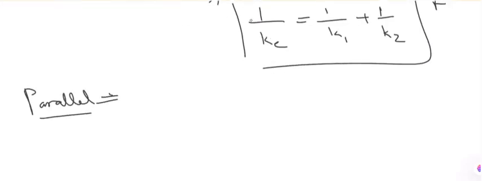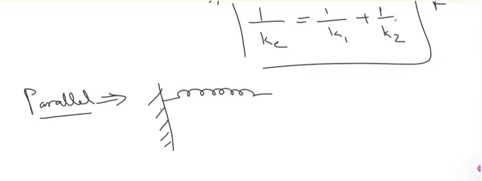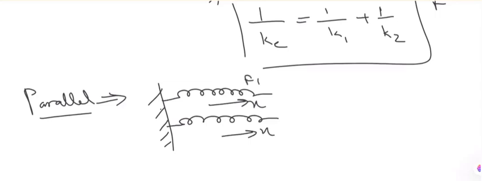Let's go for the parallel connection now. For parallel connection, Kp = K1 + K2. Suppose this is spring 1 and this is spring 2. Both are displacing with the same displacement x, but the force here is F1 and the force there is F2.